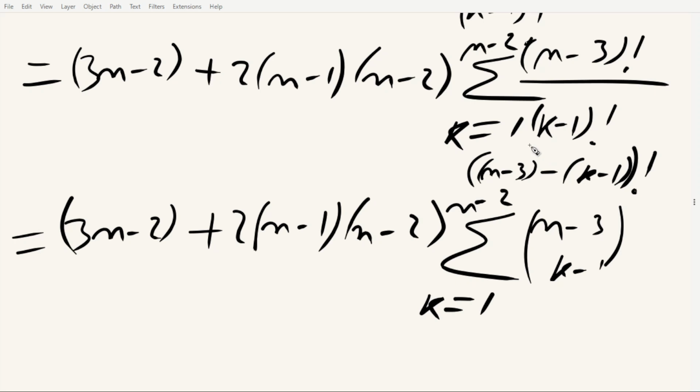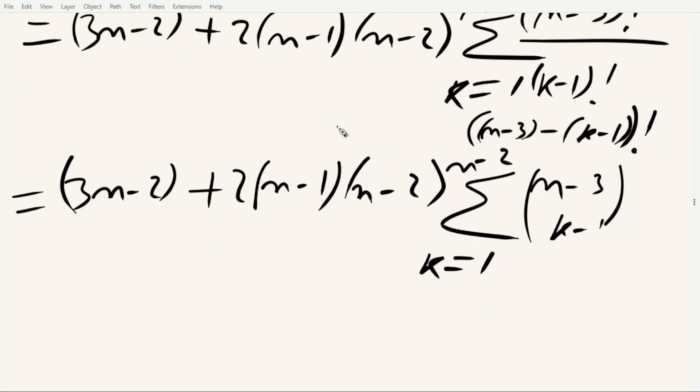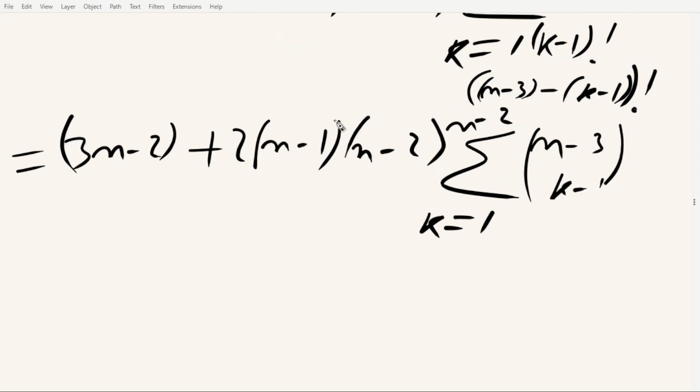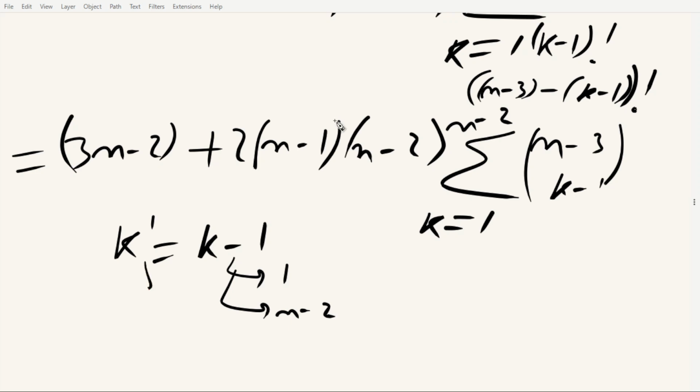Again we rewrite, just a very simple change of variable we make. We introduce k prime equal to k minus 1. As k varies from 1 to n minus 2, k prime will vary from 0 to n minus 3.